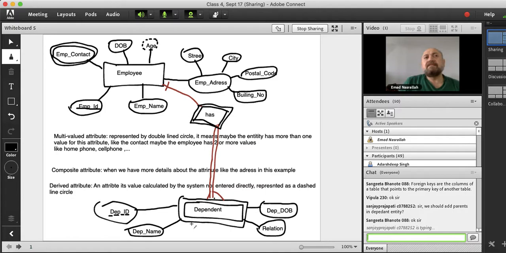Because maybe there are different dependents. That's why we have to explain the relation to the employee. So here relation means the relation of the dependent to the employee.